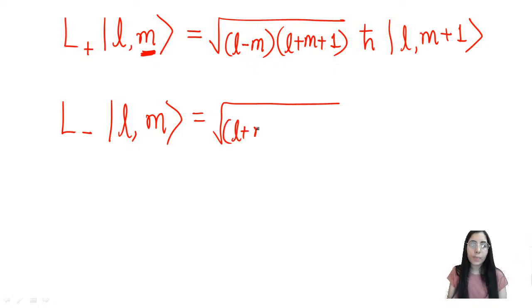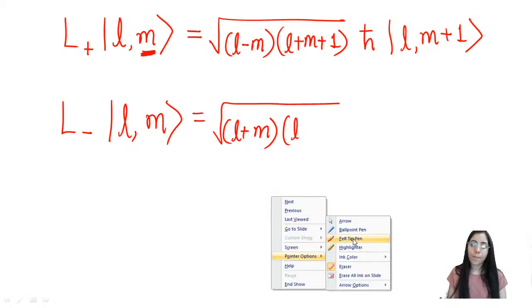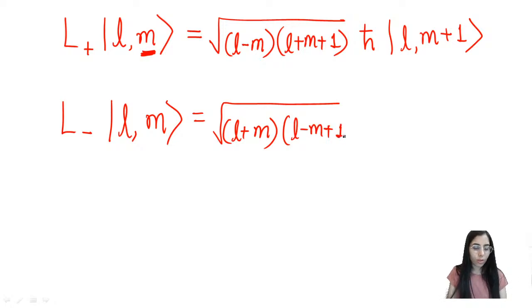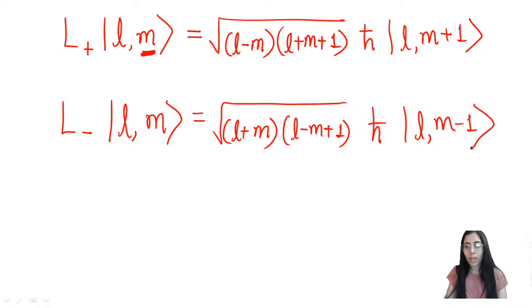Now we get the square root of L plus M into L minus M plus 1, times h cut, and this time the value of M will decrease by 1, so the state is L comma M minus 1. That's how you can consider it. Wherever you need to put some value, you can directly consider these eigenvalues and get the answer.